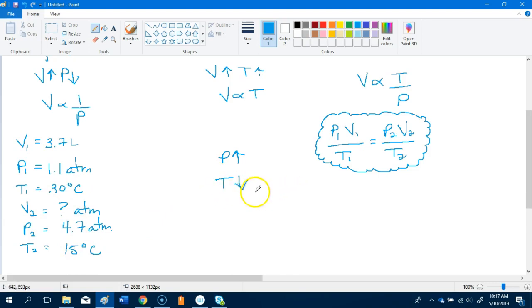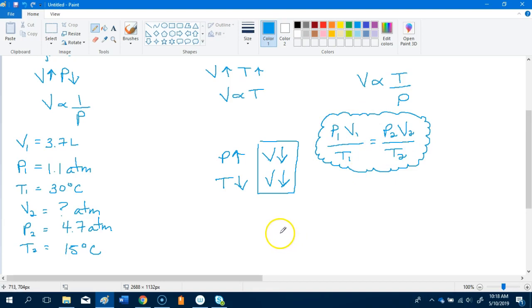When pressure increases, volume has an inverse relationship, so our volume should decrease. And if our temperature decreases, there's a direct relationship, so our volume will decrease with that variable as well. Having pressure increase and temperature decrease, we should have the same result: our volume is going to decrease.